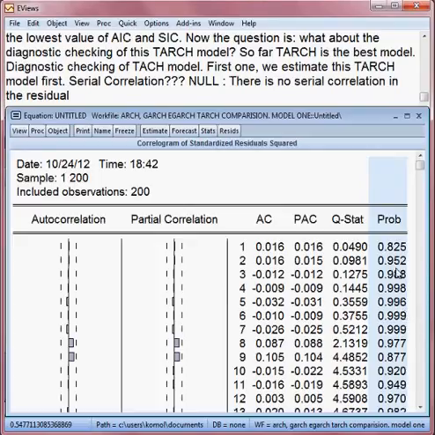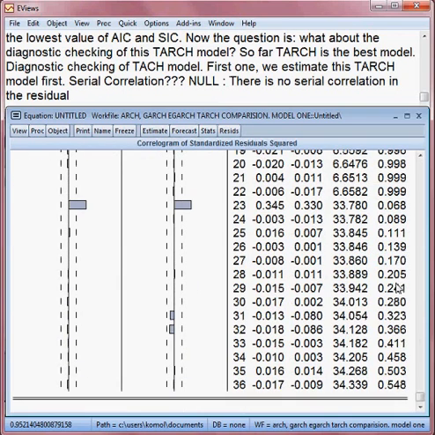This one is 95.2%, and this one is 54.8%, more than 5%.